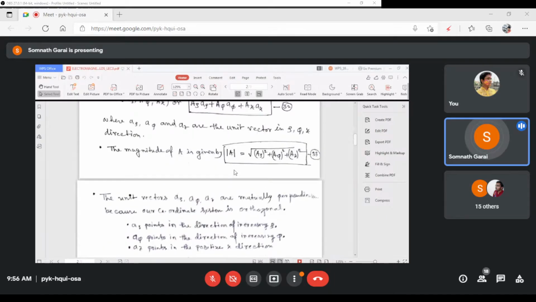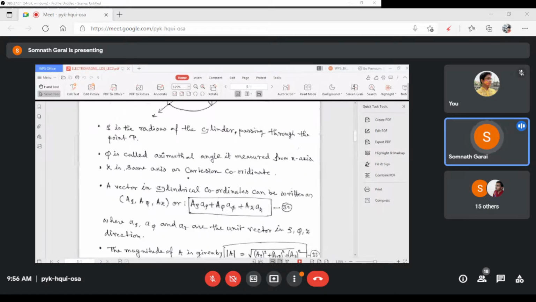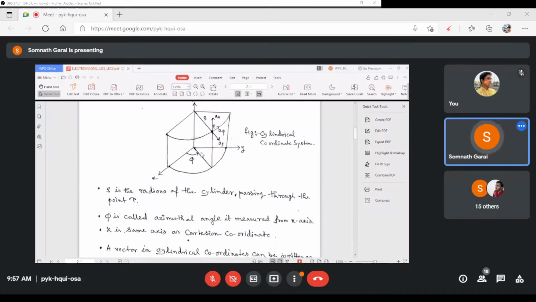Next is a phi. The direction of a phi is the increasing order of phi, in this circular direction.